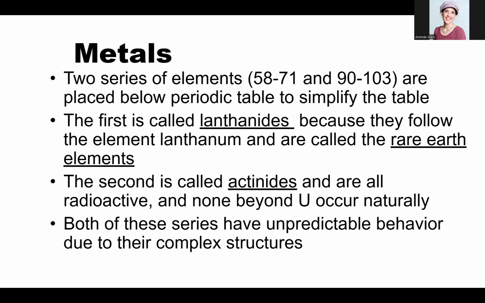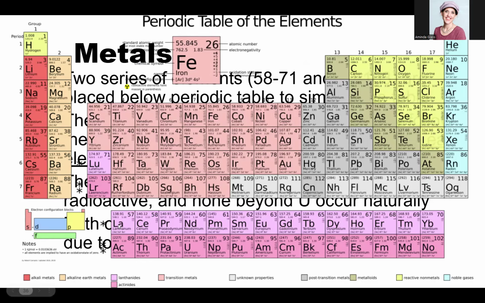Both of these series have unpredictable behavior, again, due to their complex structures. So here's the lanthanide series, here's the actinide series, this is uranium, and you have plutonium, but all of these are radioactive.